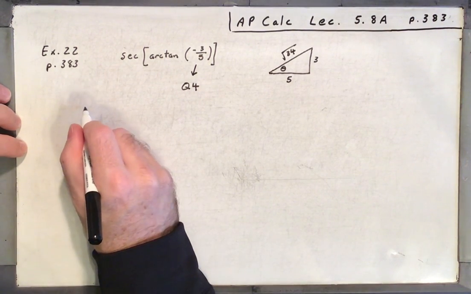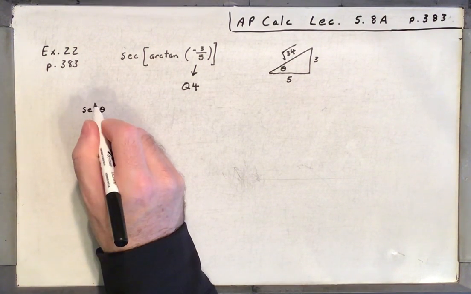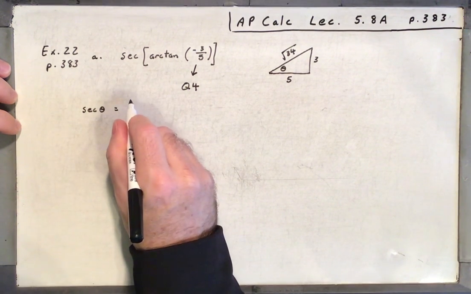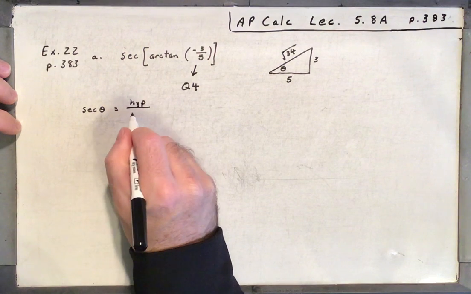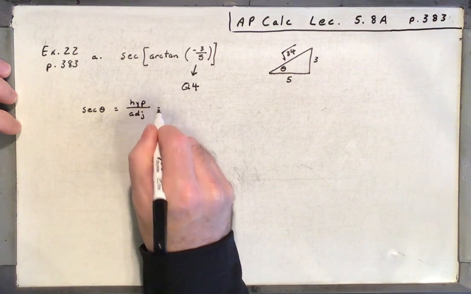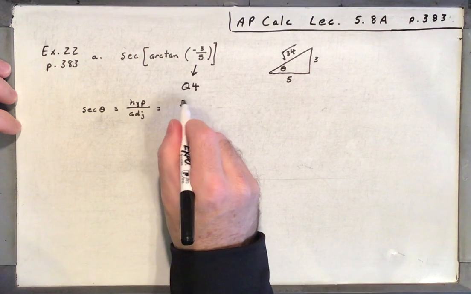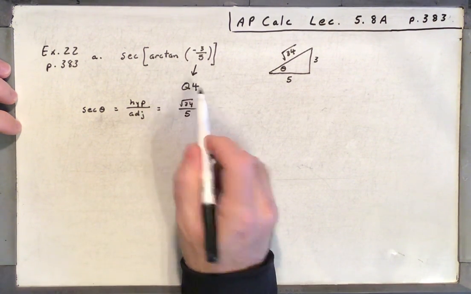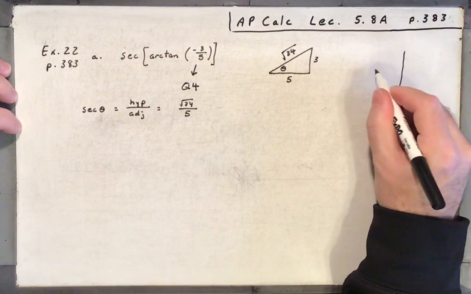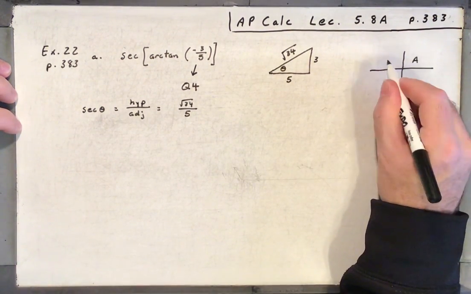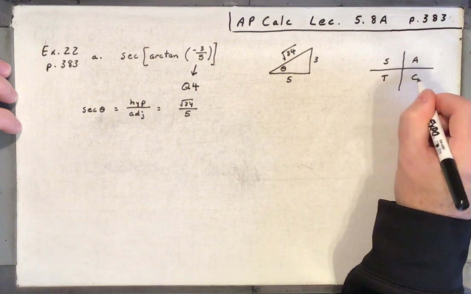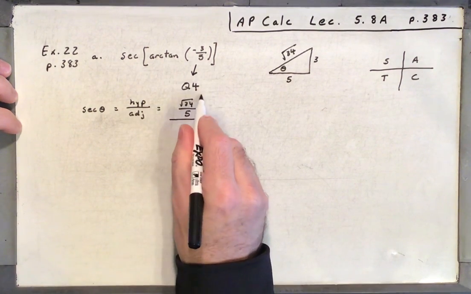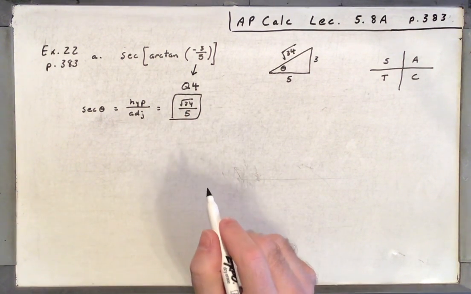Okay, so secant theta, again, this is part A, sorry about that. Secant theta is hypotenuse over adjacent. So that's going to be root 34 over 5. Now, in quadrant 4, what is secant? Is it positive or negative? Well, cosine and secant are positive in quadrant 4, so it's just going to be positive square root of 34 over 5.